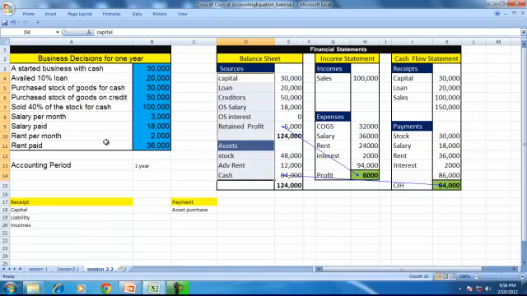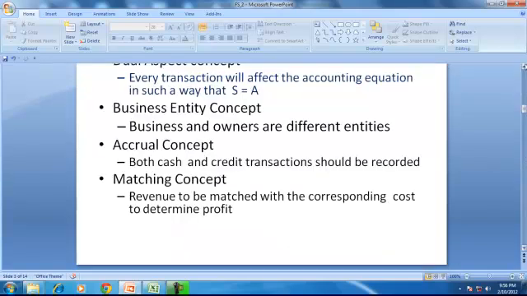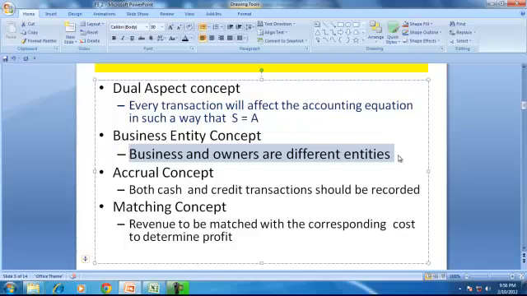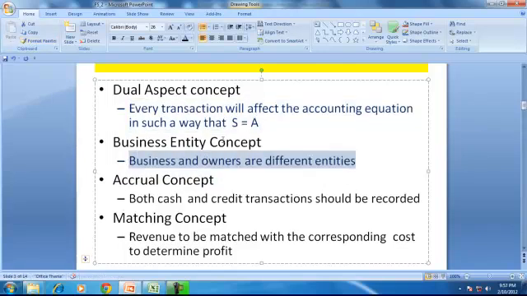In the process of converting business decisions into financial statements, we are actually using certain principles which are accepted universally as accounting concepts: the dual aspect concept, business entity concept, the accrual concept, and the matching concept.